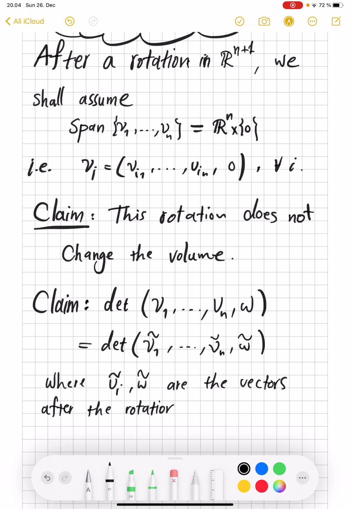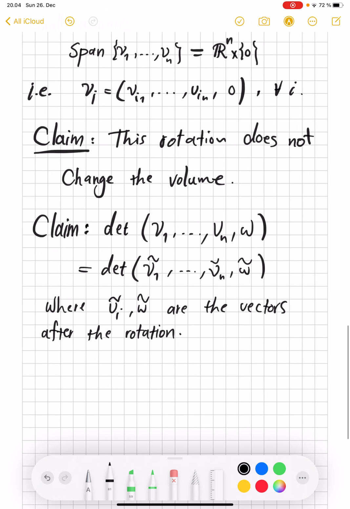With the volume I didn't have this concern, but the determinant is defined through the entries of the matrix. You multiply this into this cofactor and so on. So when I do this rotation, the representation of the vectors does change.